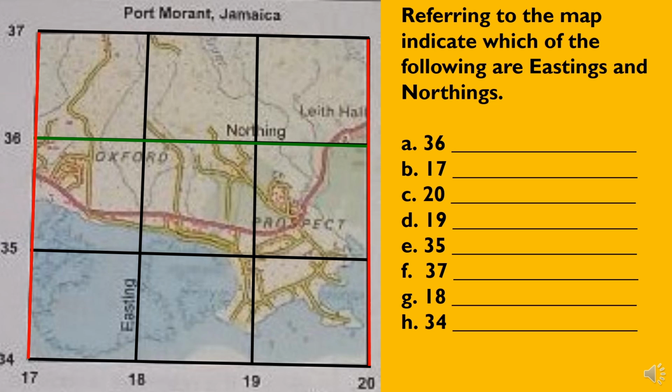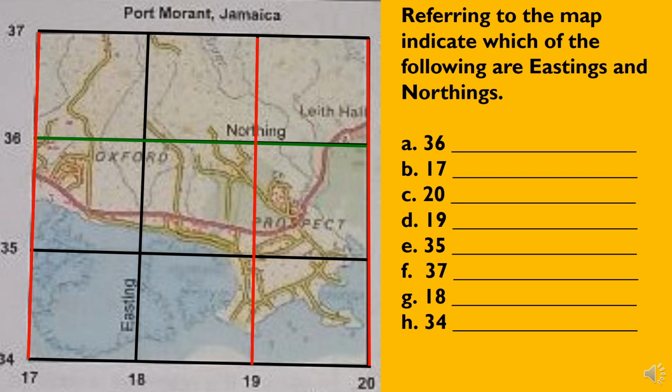As you can see, it too is an easting. It's a numbered vertical line. What about 19? Is 19 a northing or an easting? Just like 20 and 17, 19 is also an easting.